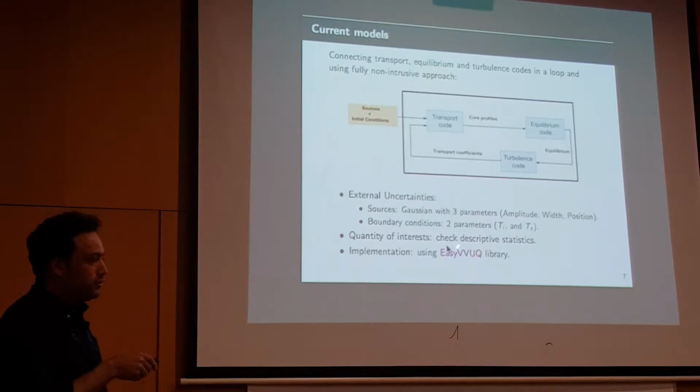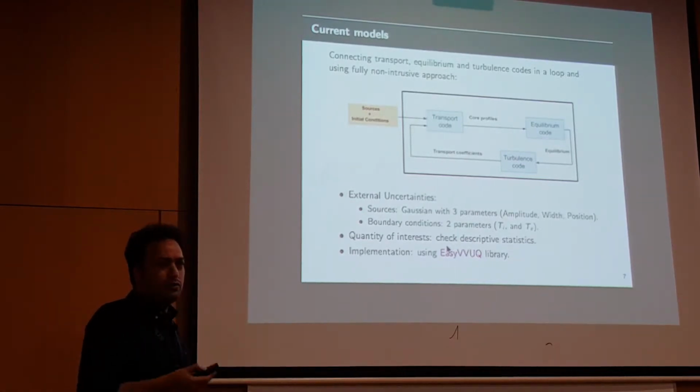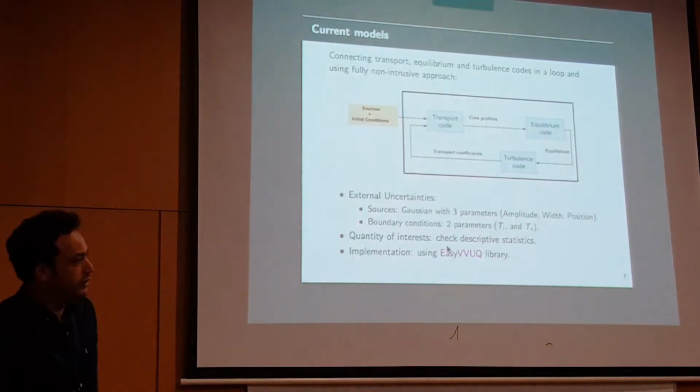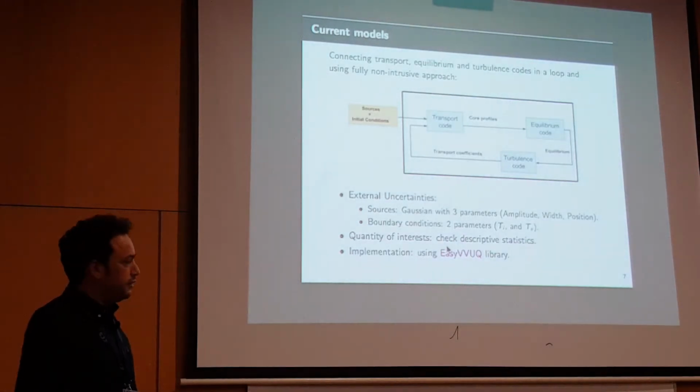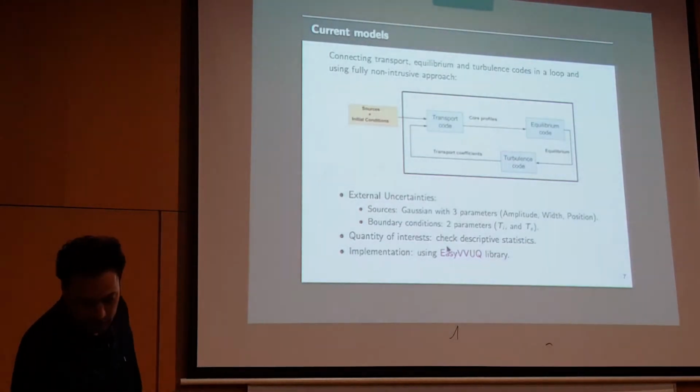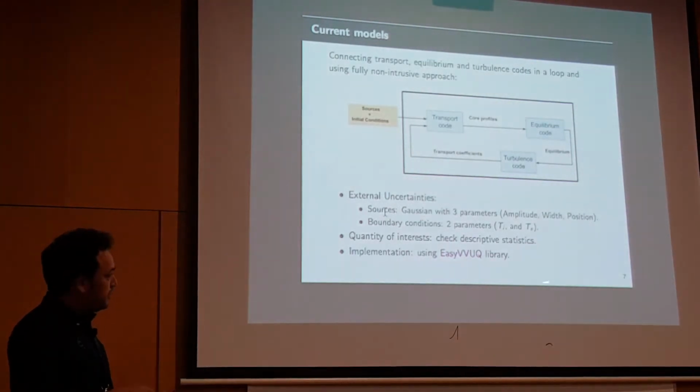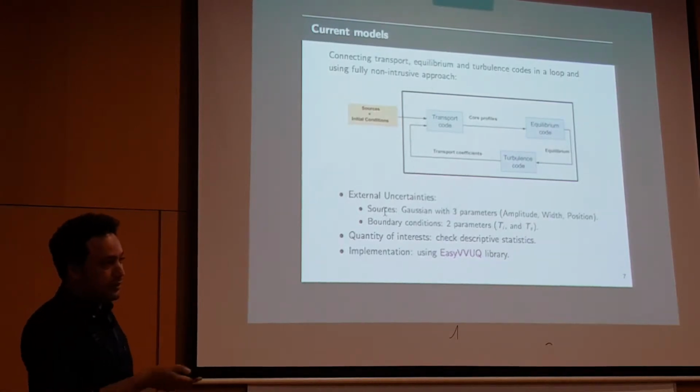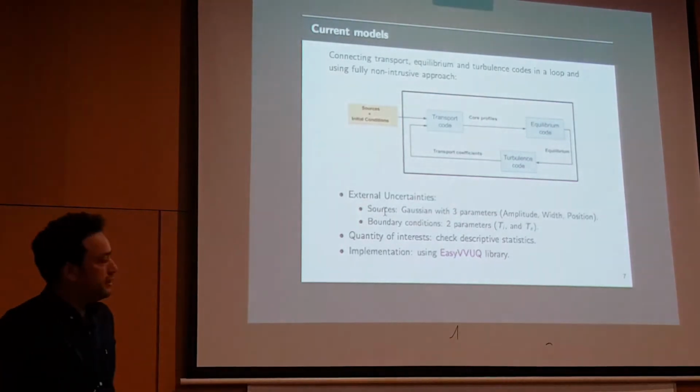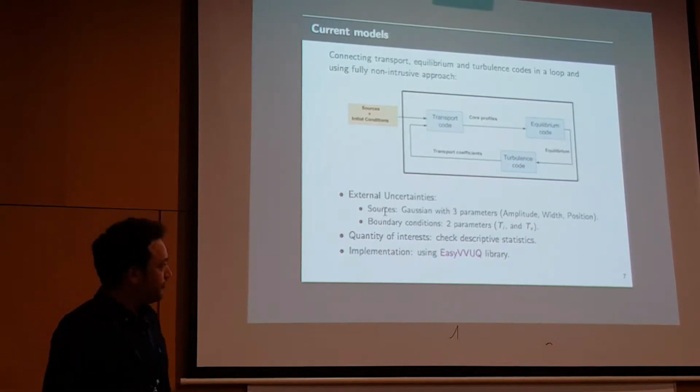It will also be the temperature of electron and temperature of ion, and we can also have other quantities like pressure or density or other physical parameters. The implementation we are using is the EasyVVUQ library, the one presented by Robin.